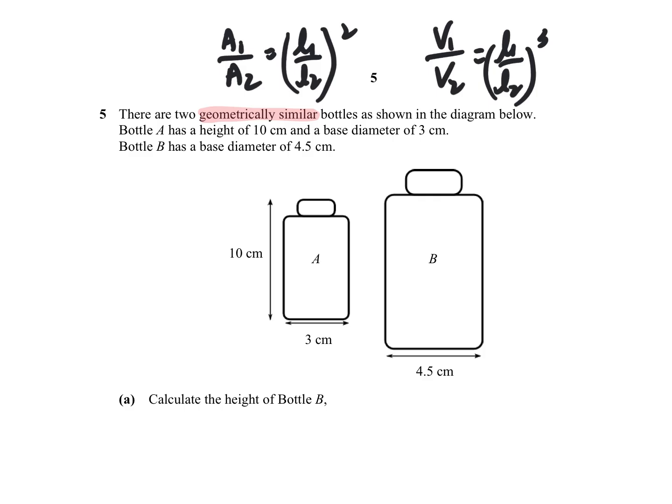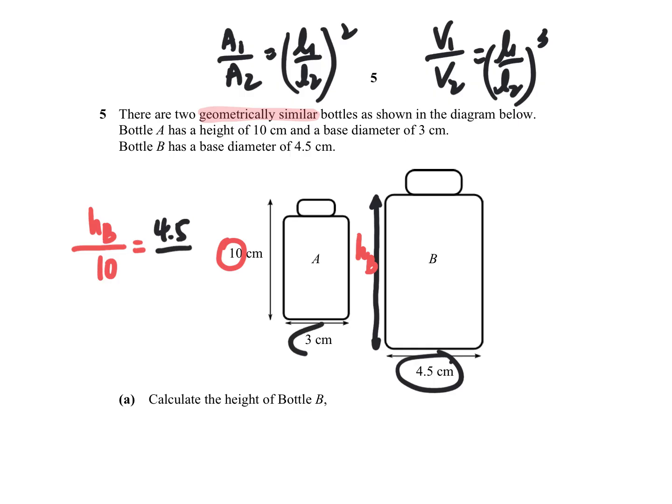They say, can you find the bottle's height? So the ratio must be the same. So the height of B, if we compare with the height of A, it should be the same ratio as the base and this base. The ratio must always be the same. Then they are proportional to each other.